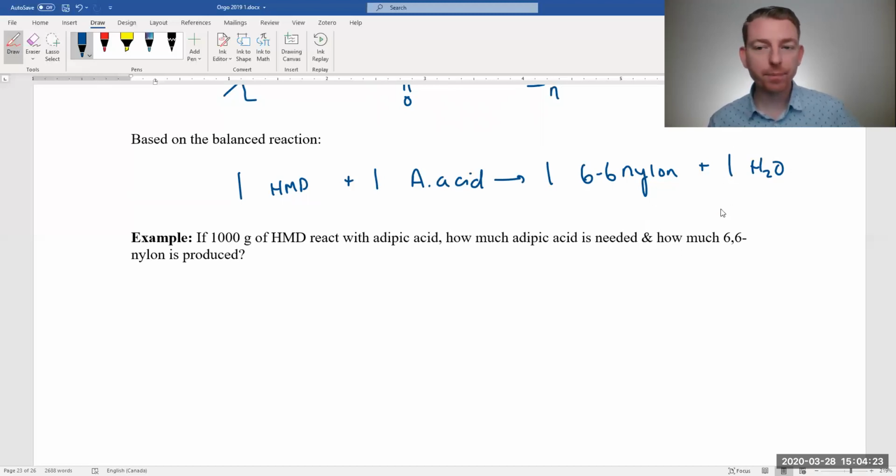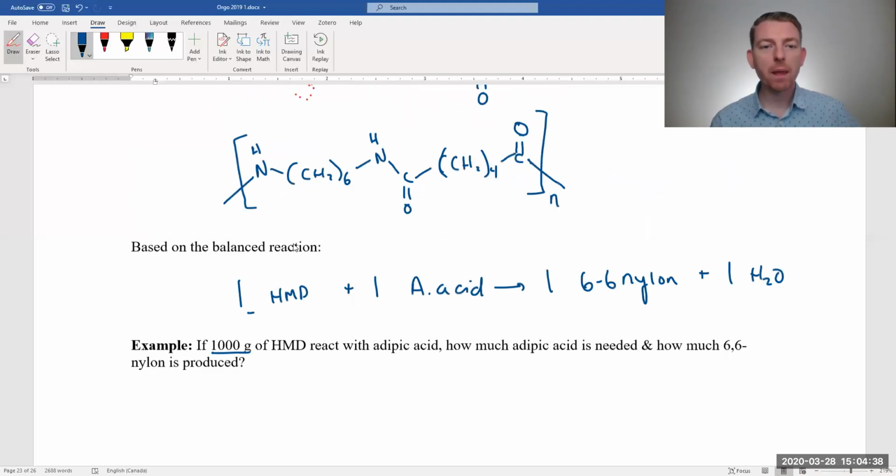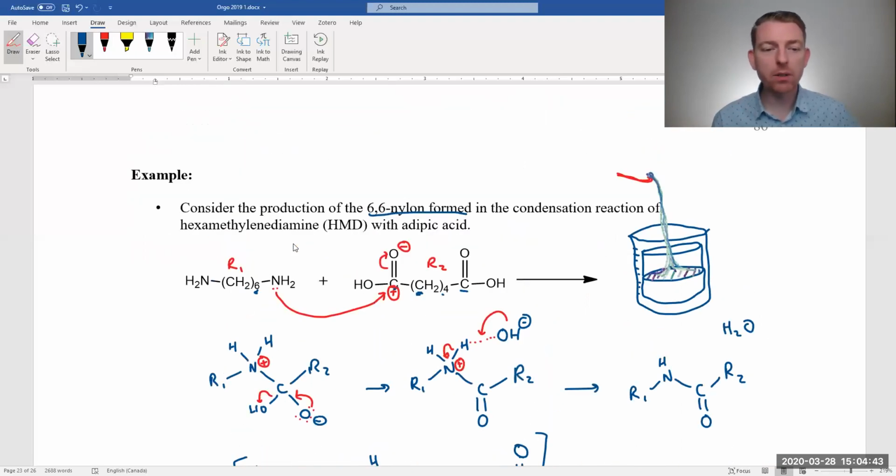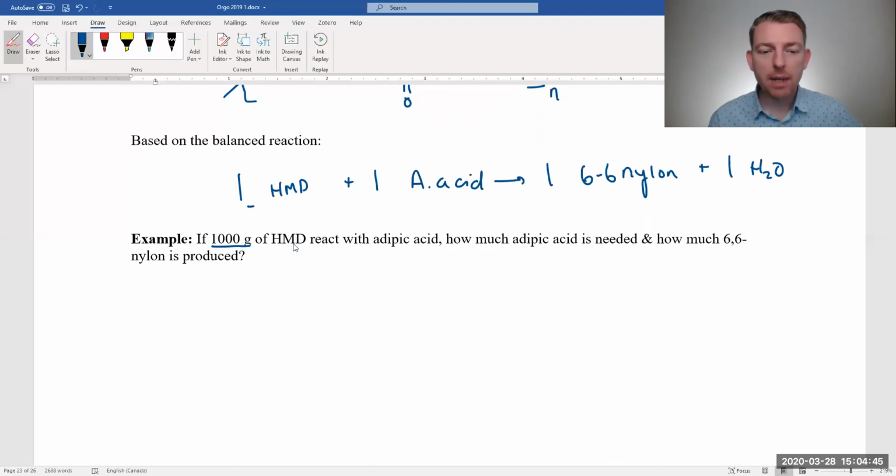And that's it. The rest of the question you should be able to do, because what do you need to do to move 1,000 grams into moles? Well, you're going to need the molecular weight of this molecule, right? Which only depends on what atoms are in it. There it is on your page. Same thing with the other reactant.